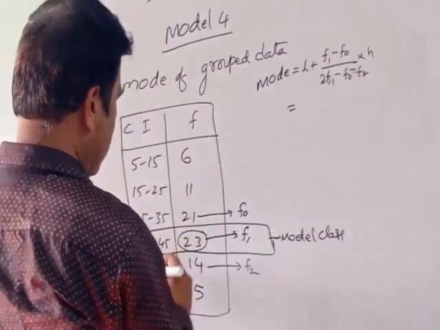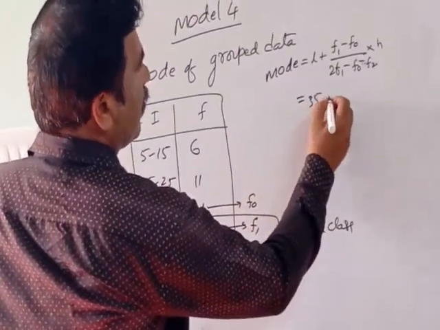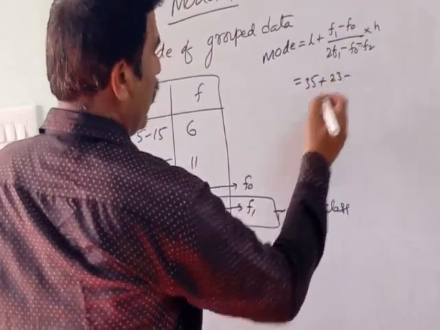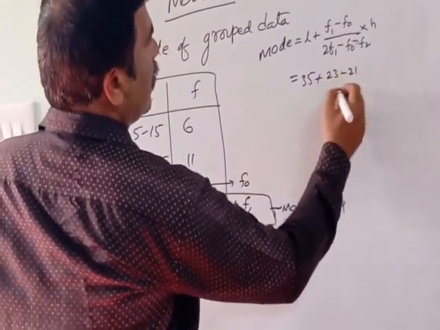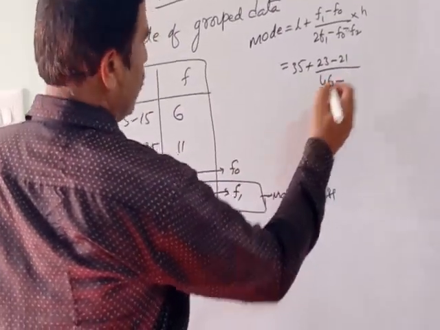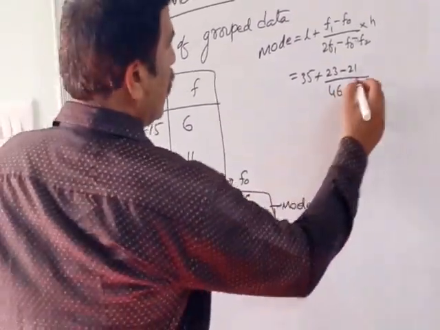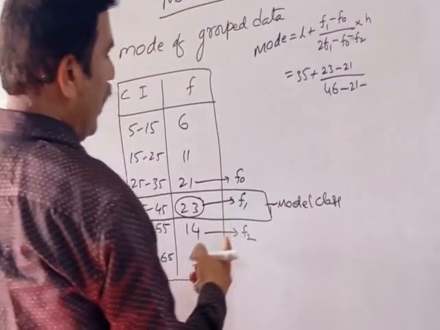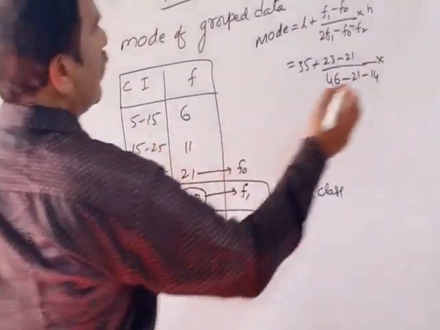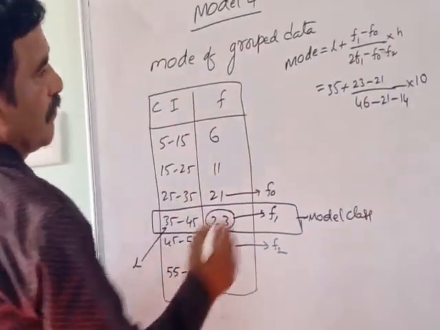Write the L value separately. 35 plus F1 is 23, F0 is 21, 2F1 is 46, and F0 is 21 and F2 is 14, into class size. Nicely round figures.